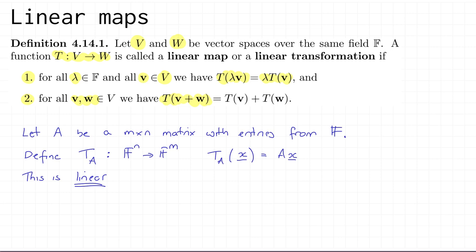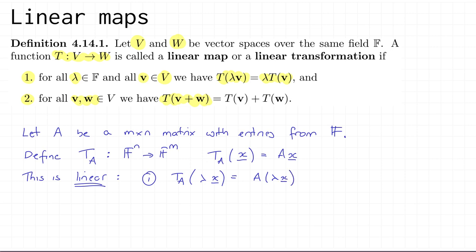The fact that it is linear just follows from standard properties of matrix multiplication. If we check the two properties, the first property about scalar multiplication: if you look at T_A of lambda times x, where lambda is some scalar, some element of the field F, and x is a height n column vector, then by definition that's A times lambda x.